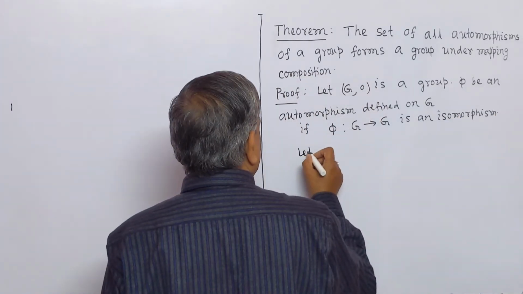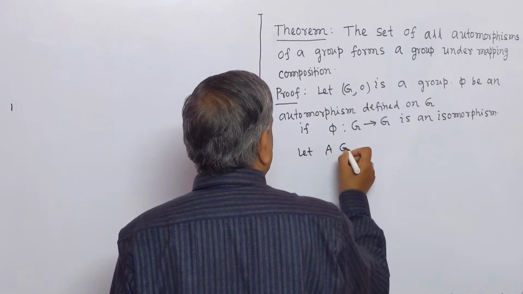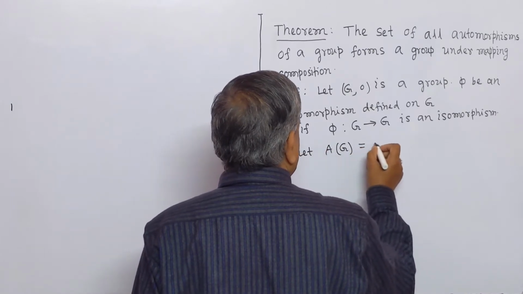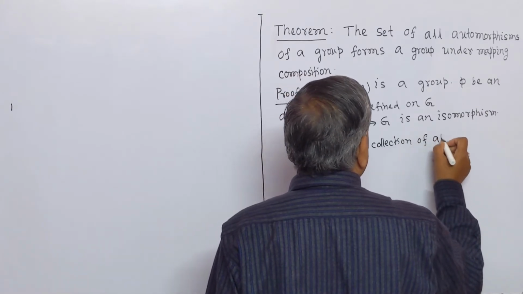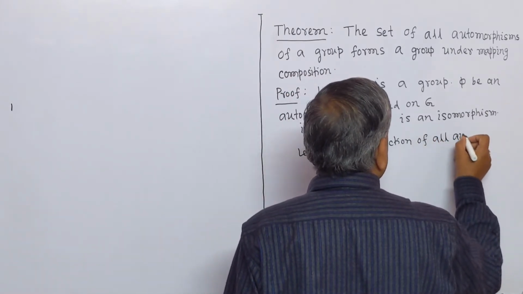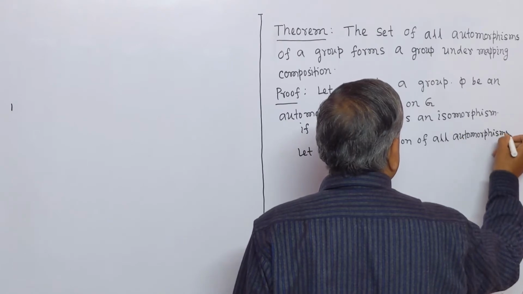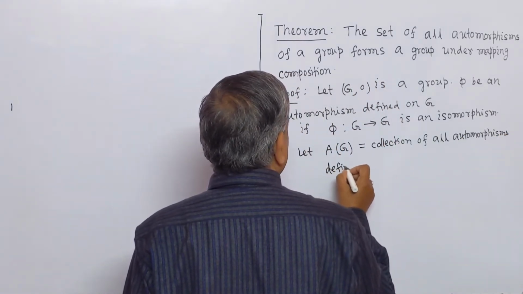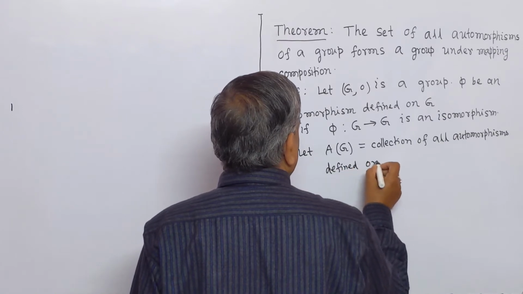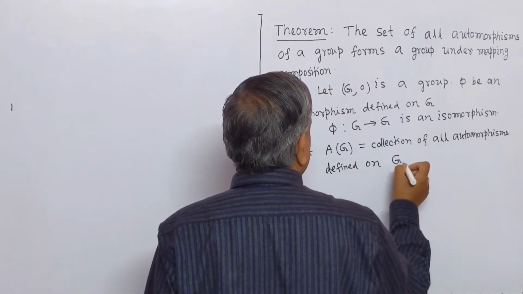Let AG be the collection of all automorphisms defined on group G.